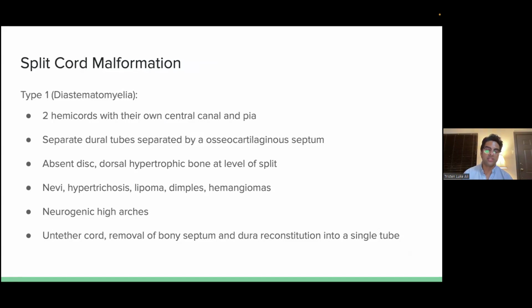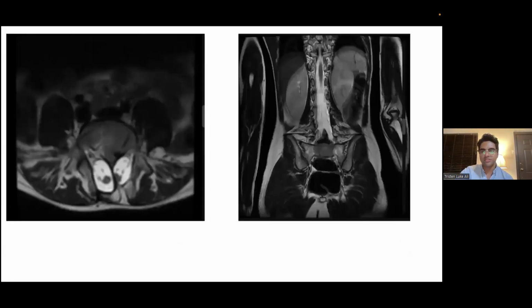They are neurogenic high arches. The treatment is to untether the cord as before, remove the bony septum, and reconstitute the dura into a single tube. So this shows type 1 split cord malformation, as you see on both the axial and coronal views.